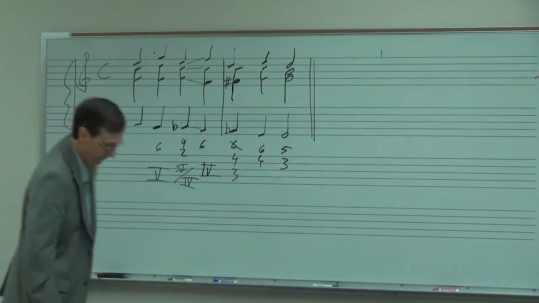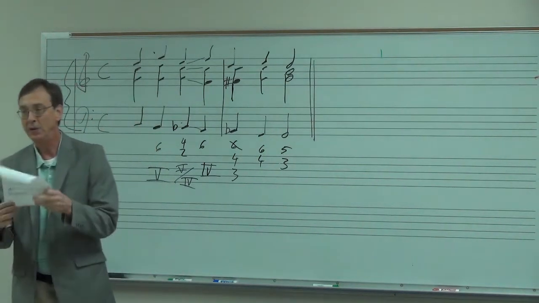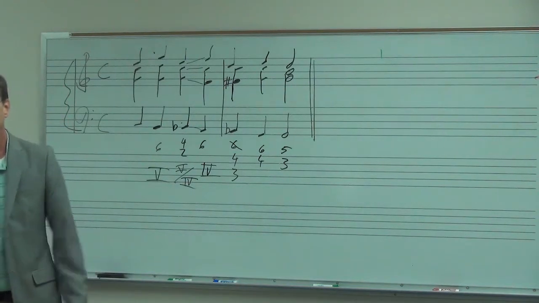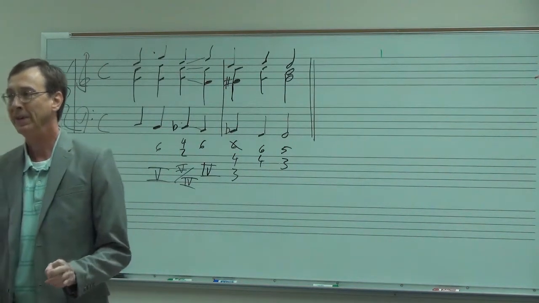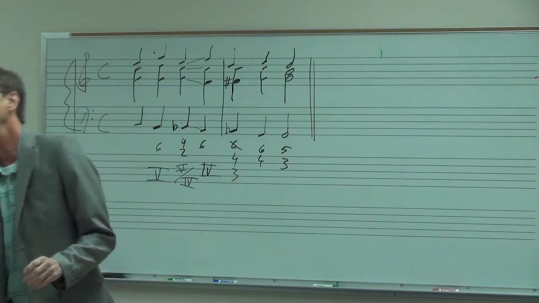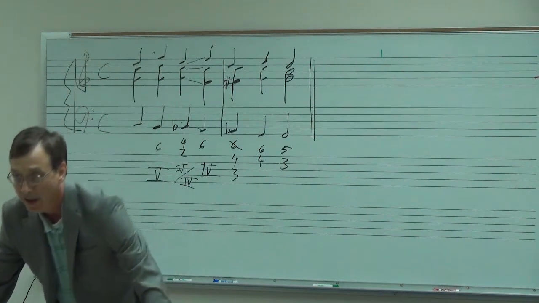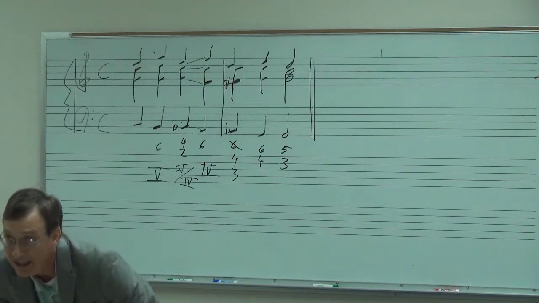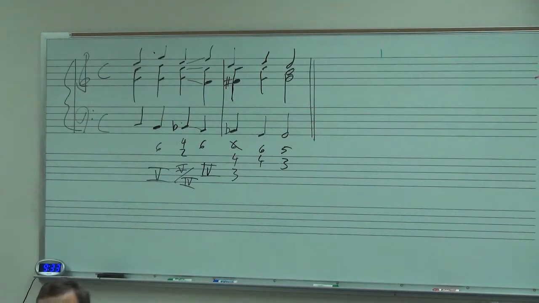Let's move on. Okay, common tone diminished seventh chord. What happens in the common tone diminished seventh chord? Let me ask you this, I'll make it simple. Alright, common tone. What is the common tone?